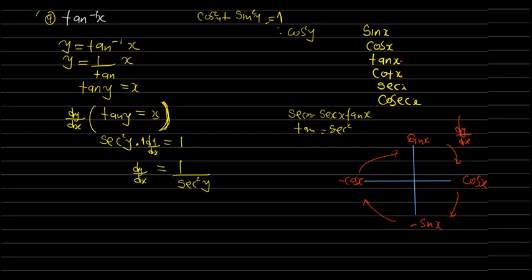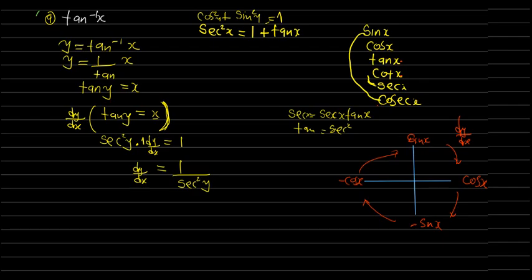We just have to know it: sec squared x is equal to 1 plus tan squared x.